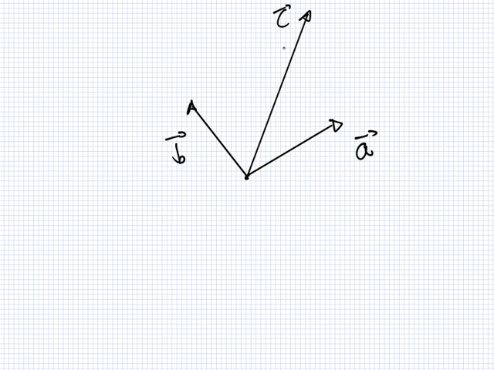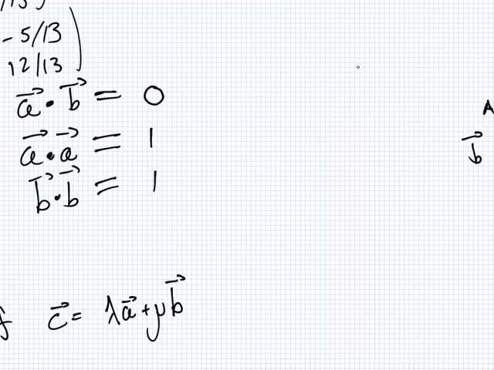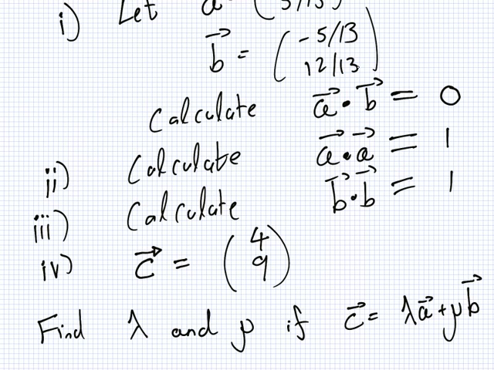You could say C is so many A's plus so many B's, in this case lambda A's and mu B's. So my question is, can we find this lambda and this mu? That's what I want you to try and do now.